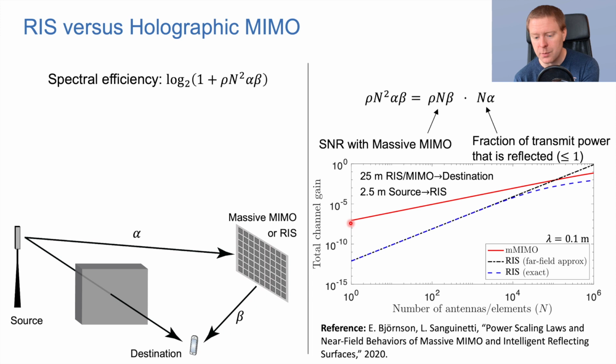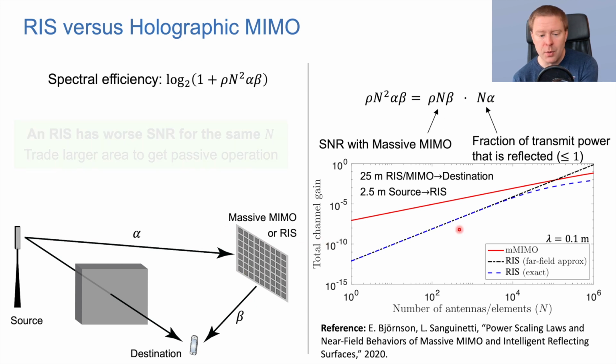We can see here that with massive MIMO, I get the red curve here, and with an RIS, I get this black dashed curve going up here, like this. And it has a bigger slope because of this N squared term here, but it starts at a smaller number because of this loss here. The additional N here is not really a benefit, but it's also showing how much we are losing along the way here. In the best case, N times alpha becomes equal to 1, then we are not losing anything at all.